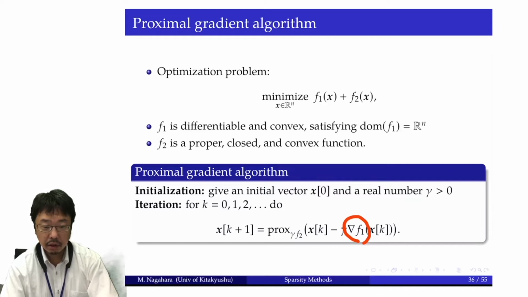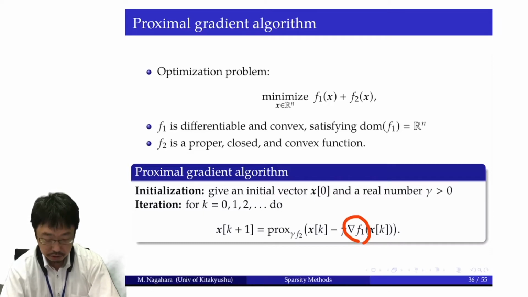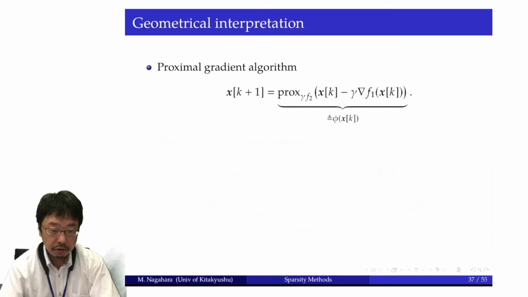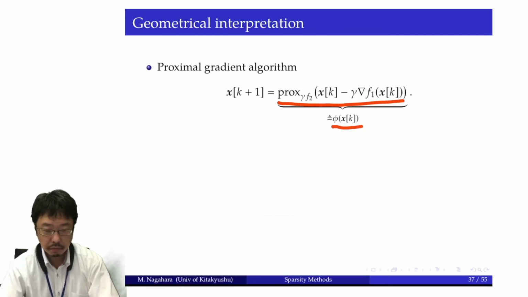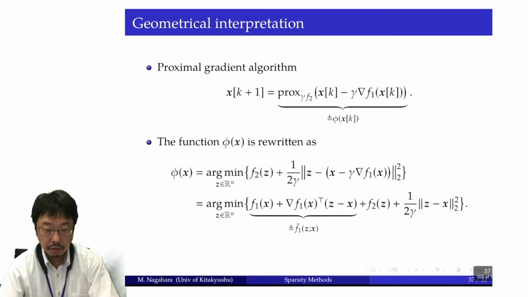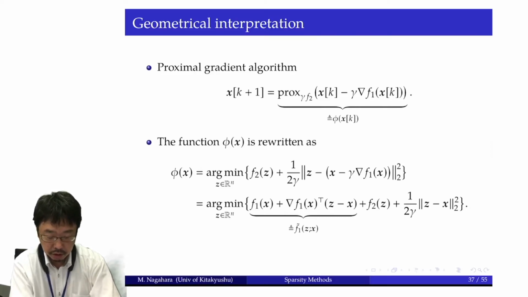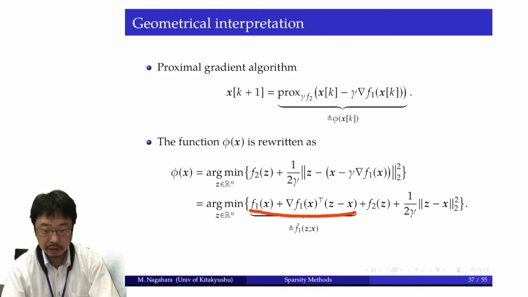Let's look into this algorithm precisely. In the proximal gradient algorithm, we denote this function by phi x_k. The function phi x is rewritten as this. Here we denote this by f1 tilde z x.